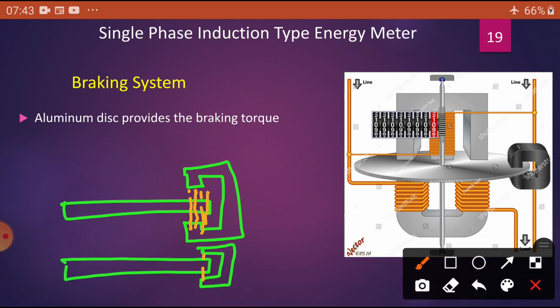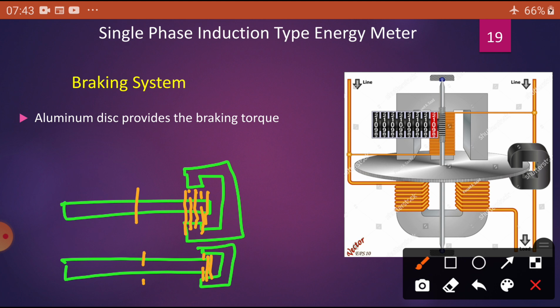At the edge only, so this portion is cut. Here the more portion, that means the length, disc is here, disc is here, is linked flux. So more flux is linking here, and less flux is linking here. The more links, what will happen?